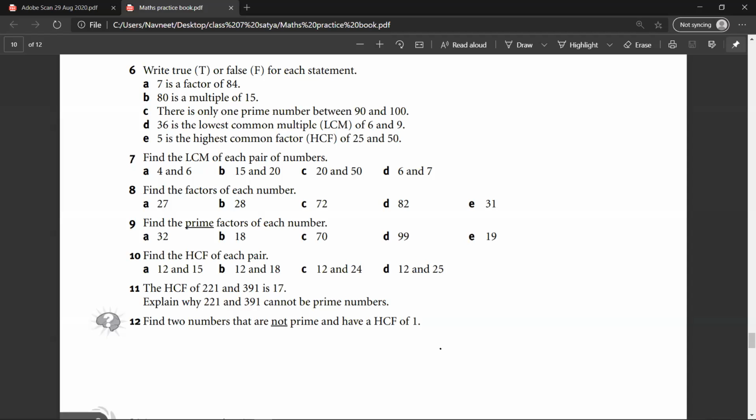So what are the factors of 12? 1, 2, 6, then 12, 3, then 4. Yeah, only that much, because later it again comes 4 into 3 and 6 into 2.